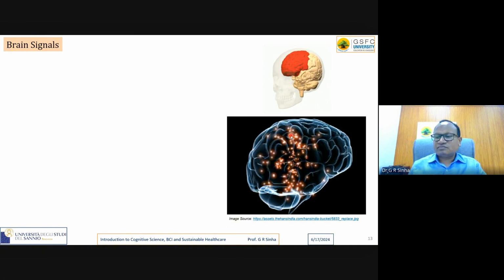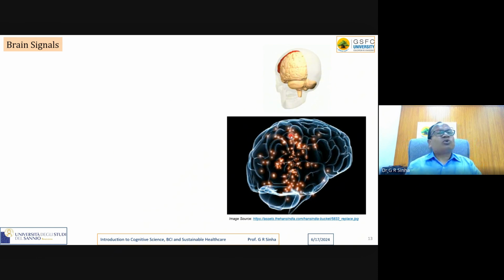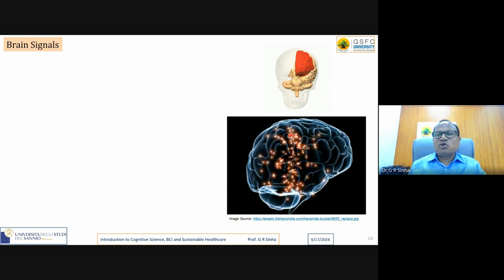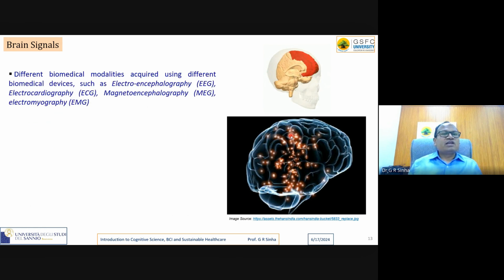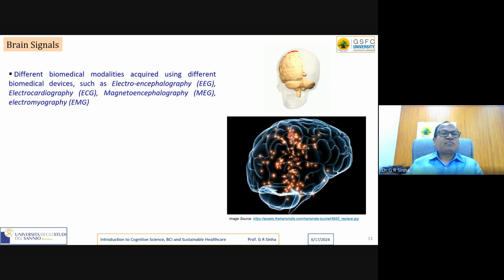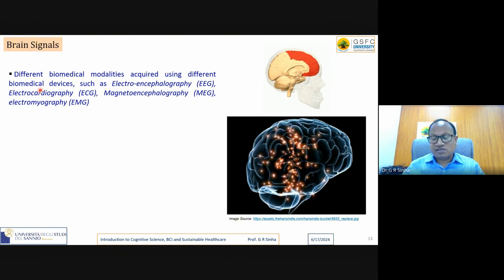Remember, brain signal is not only the EEG. There are different types of brain signals. We are talking about EEG only, but there are many different types of brain signals. So different biomedical modalities, using different biomedical devices, because an EEG device will be different from other devices.